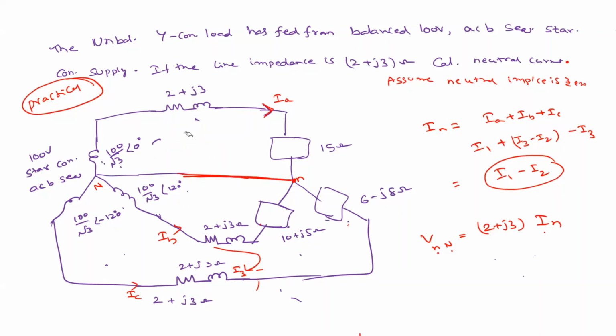The line is having some impedance, but not the neutral.